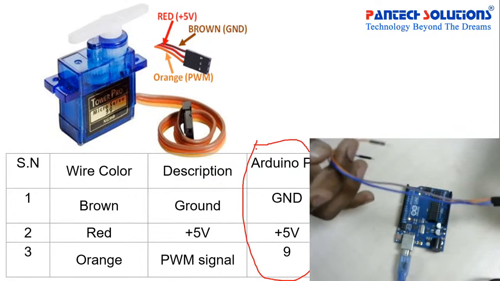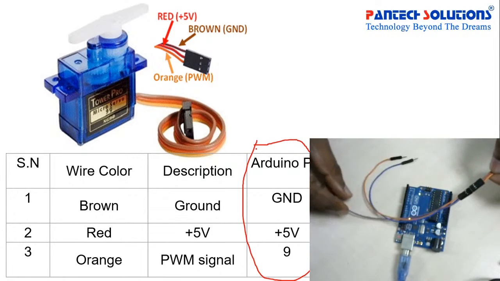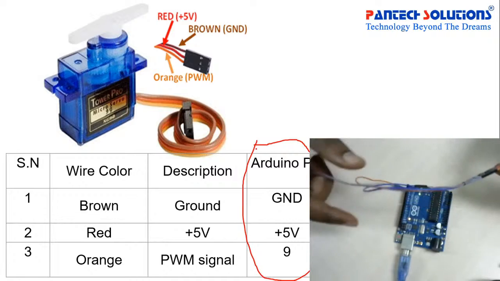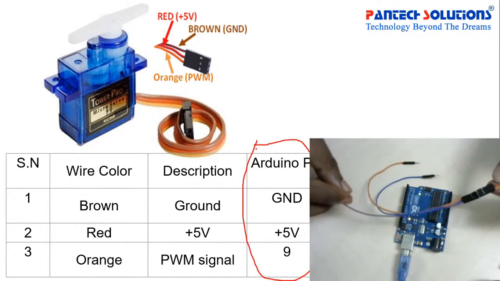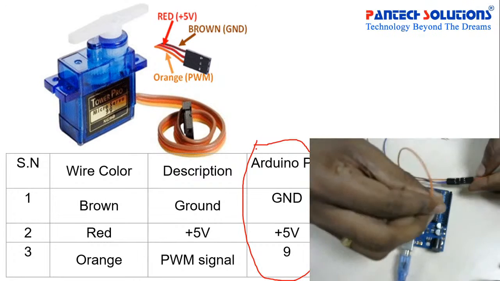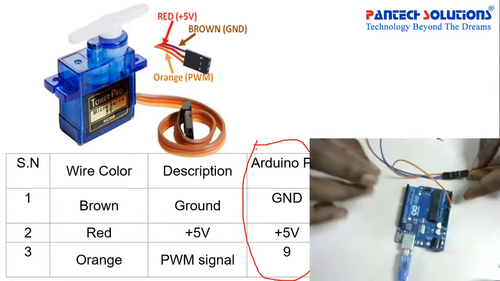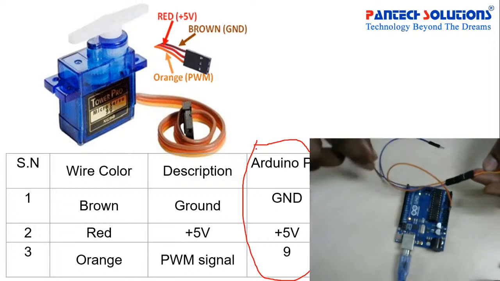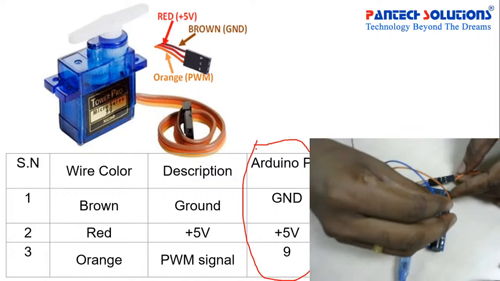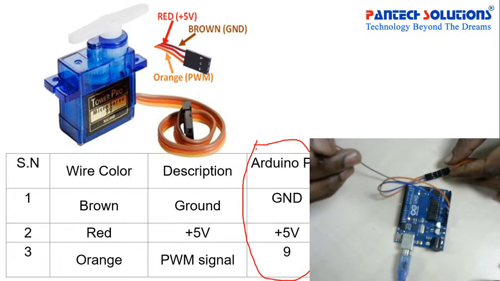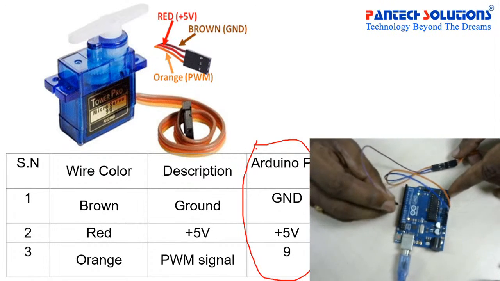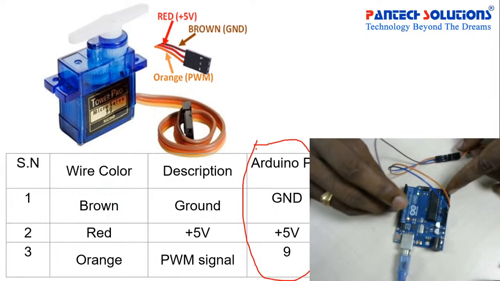The brown one is ground, just connect it to the ground, then the 5 volt power supply, and the data pin. In our experiment, I took the 9th pin as the data pin.